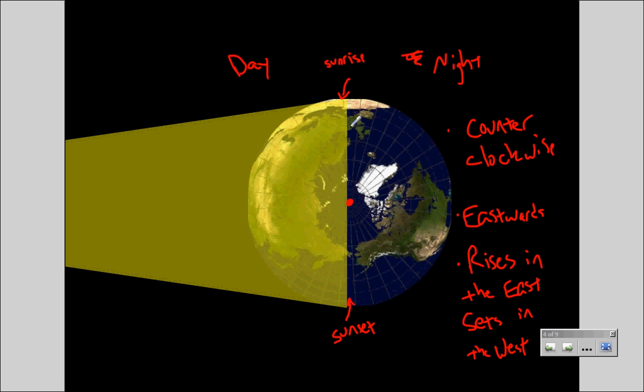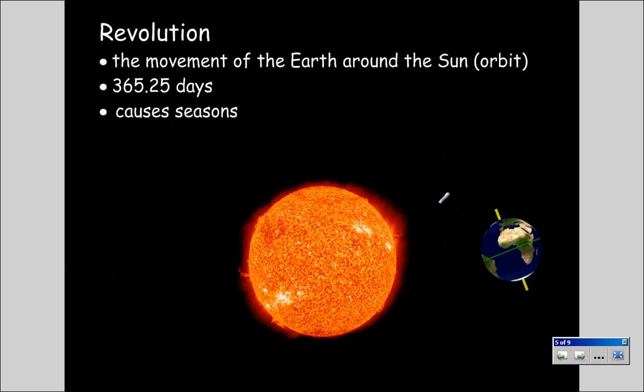So, again, the Earth's rotation, a simpler way of putting it, is the Earth spinning on its axis, counterclockwise, responsible for day and night.